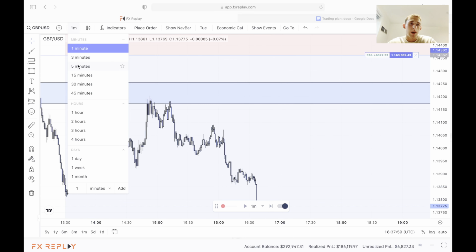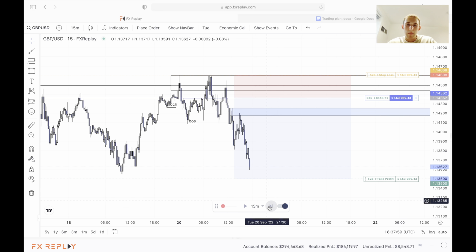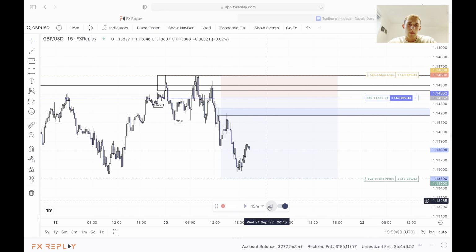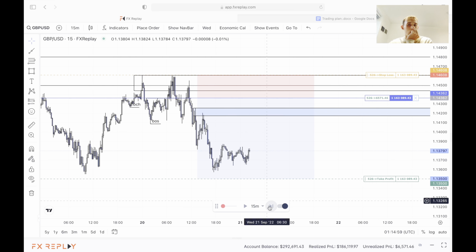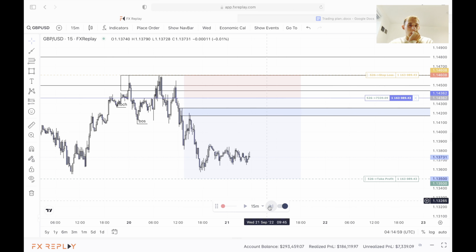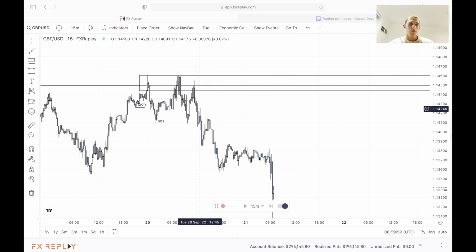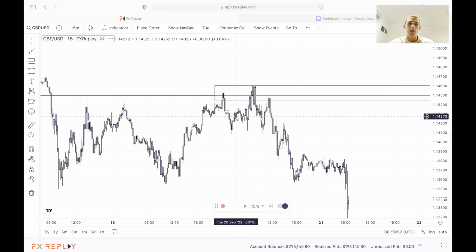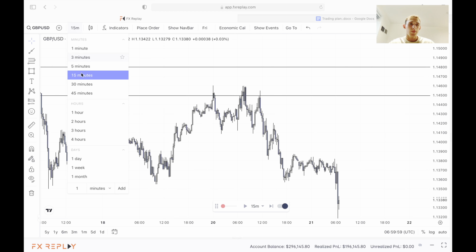Yeah, good zone, but no confirmation. And there we go, TP hit. Like I said, that trade could have been a lot better if we had waited for the supply level.